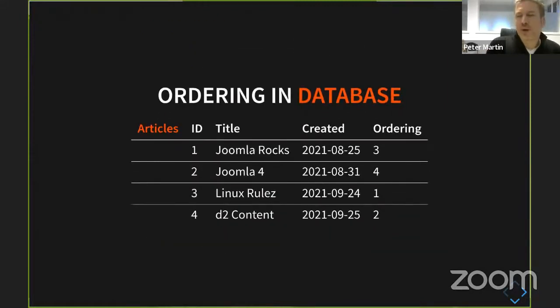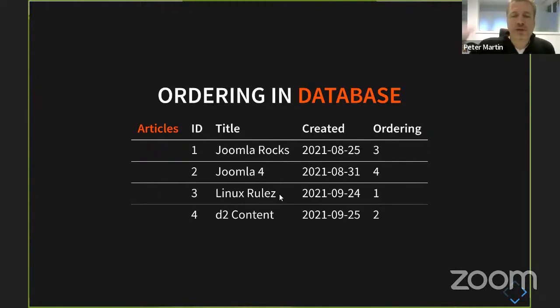Then something else with Joomla, you have ordering in the database. The records themselves are not in order. When I create new records, it's just auto increment, so the next will be 4 and then 5, but there is no real order. However, if you look in the content table, where the articles are stored, you have a field called ordering, and it says 3, 4, 1, 2.